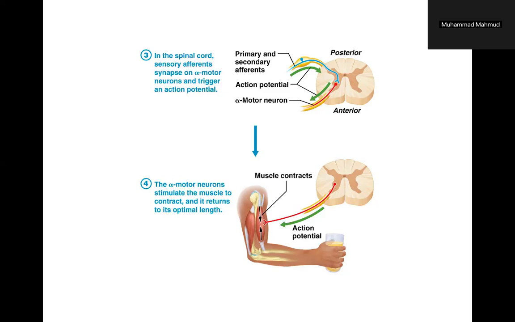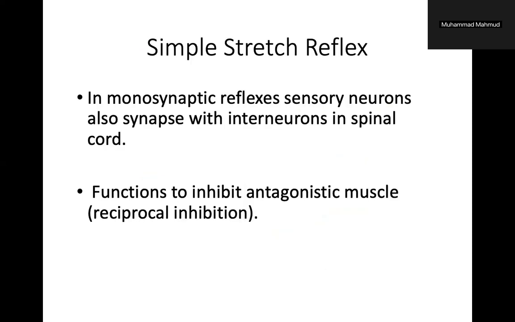So this type of reflex is happening. We don't have to worry. We don't have to think about it, like, okay, should I do this way or that way? Your spinal cord can take care of this. It's a programmed behavior, and that is reflex. And in this case, it is monosynaptic because there will be only one synapse.